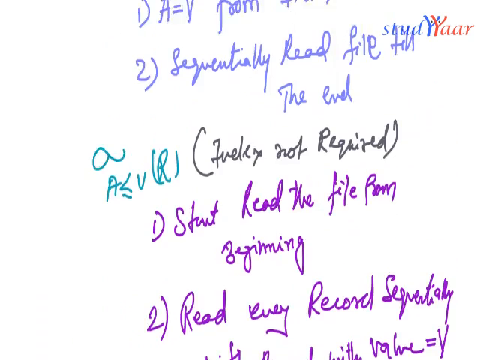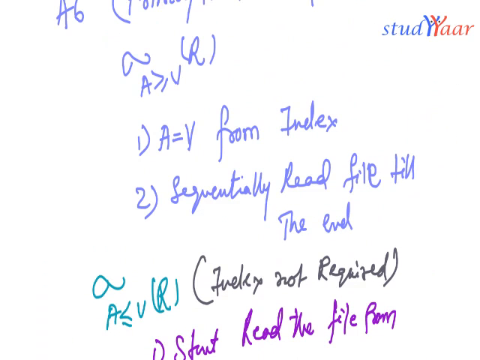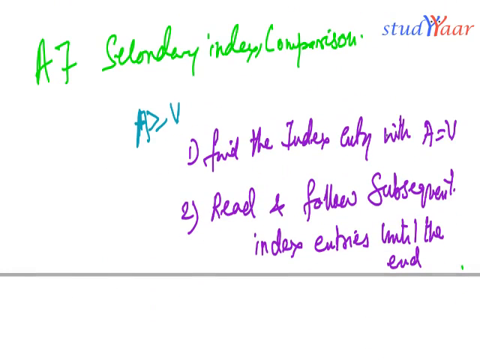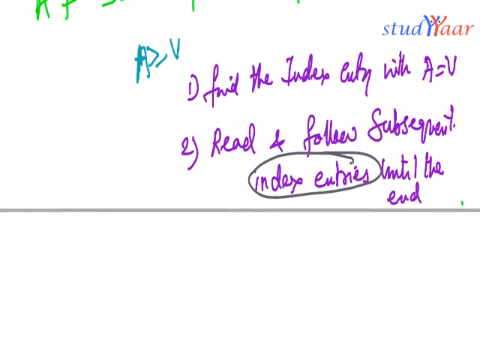Just understand over here: here I am reading the file, while over here I am reading the index entries. So that is the difference between A6 and A7.